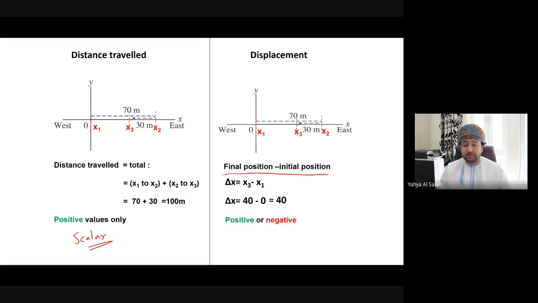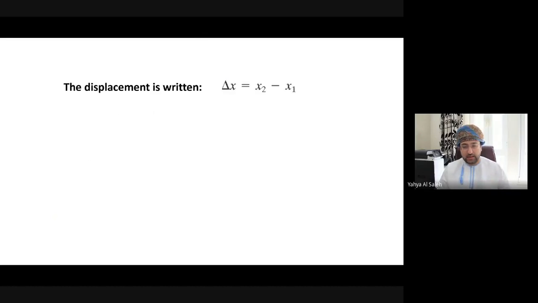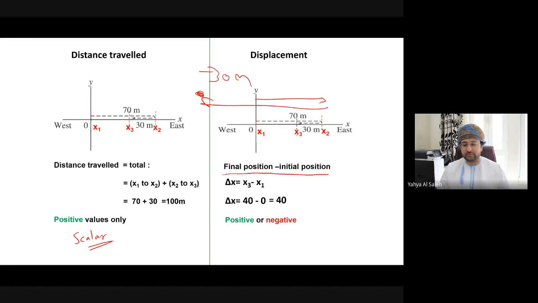It can be positive, it can be negative. So for example, if I went 70 meters this way, and then I went 100 meters this way, I will end up at position minus 30 meters. So my displacement is going to be minus 30 meters from where I started. It can be positive or negative.